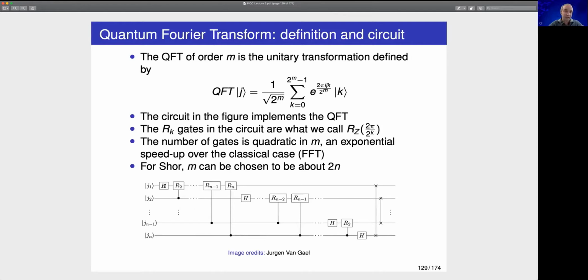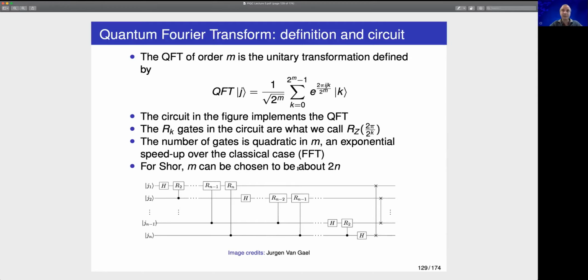We have, for instance, Hadamard gates, and then we have these controlled rotations, which are rotations over the Z axis, okay, with a given angle, okay? And then we have these swap operations between the uppermost qubit and the bottom qubit, and then the next ones. And this is something that we know we can do, the swap operations, for instance, with CNOTs, okay? So this is the definition of the quantum Fourier transform.